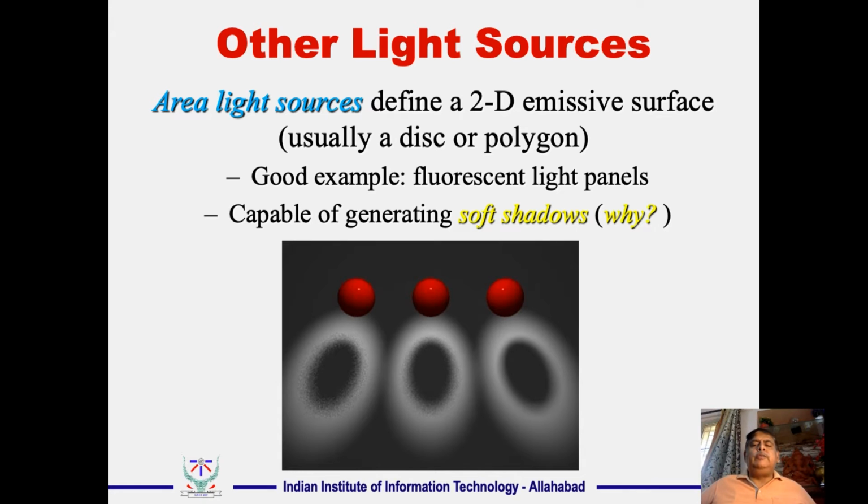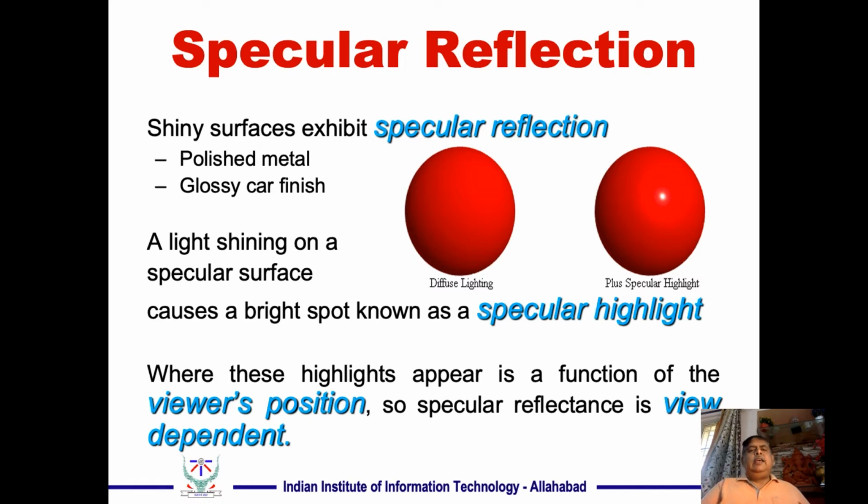So here you will see that two types of shadows form because of the partial occlusion of the light source or full occlusion of the light source. Wherever you have a full occlusion, you have a full shadow, which you call the umbra, and the other one where you have partial occlusion is the penumbra. So you have the umbra and the penumbra which occur due to this illumination. We will come to these sort of effects at a later stage.